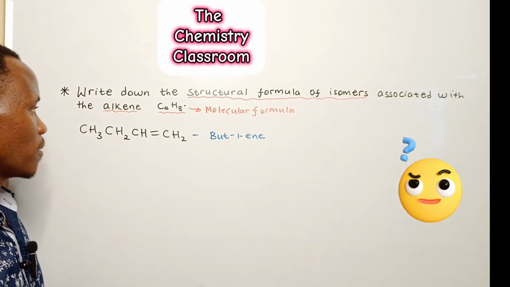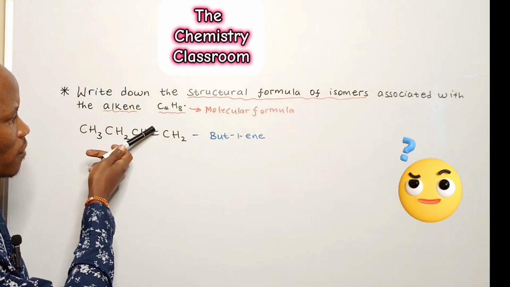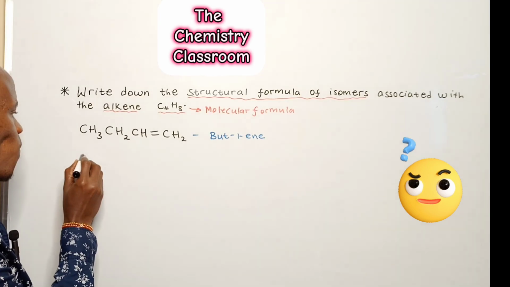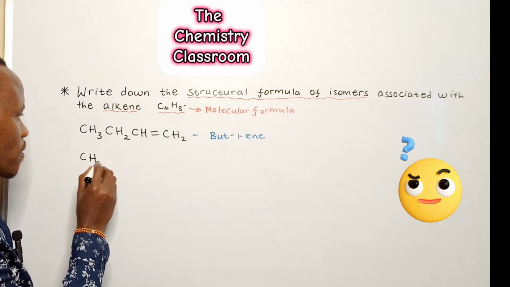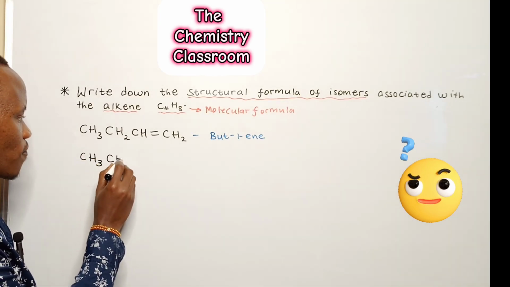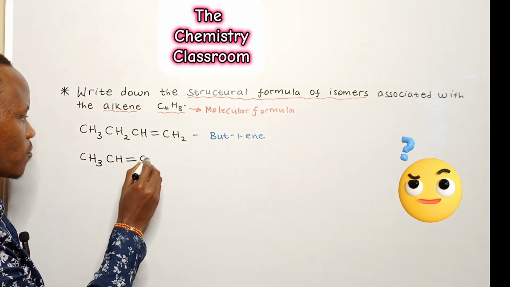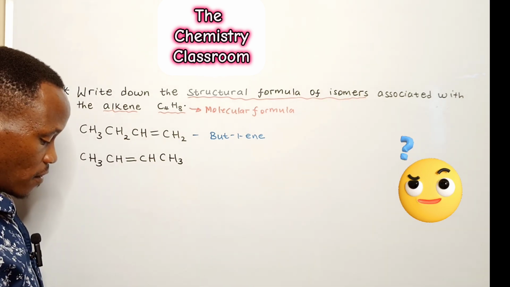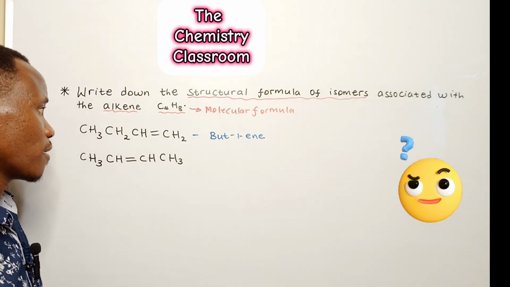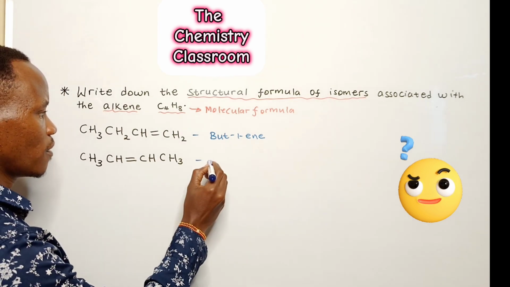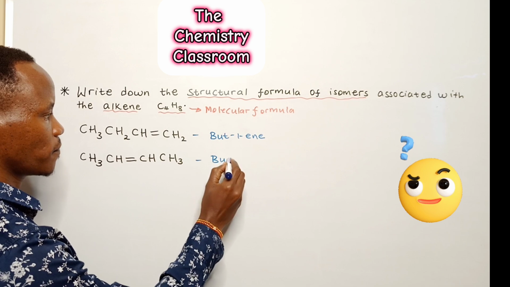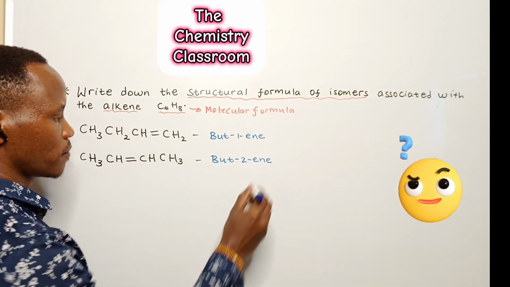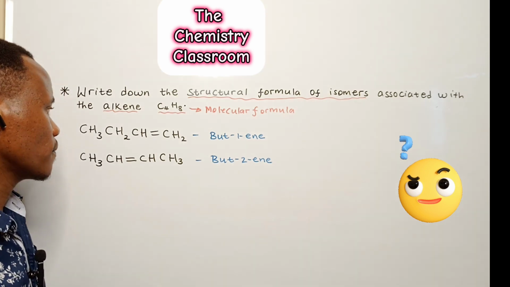The second isomer we can obtain from here by varying this carbon-to-carbon double bond, and therefore as the structure, this one, also by naming it according to IUPAC, the name ends up as but-2-ene.